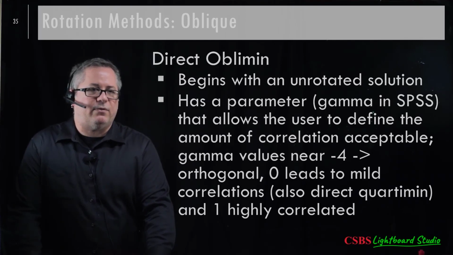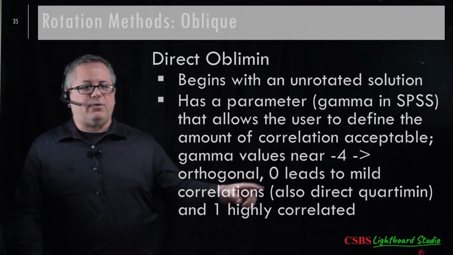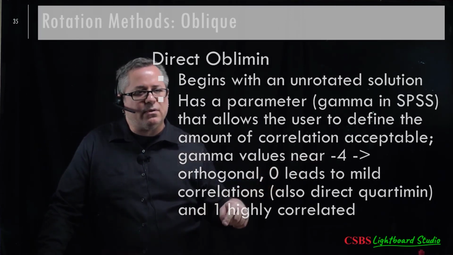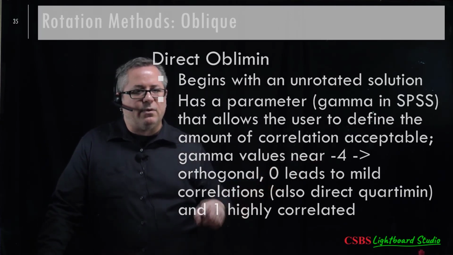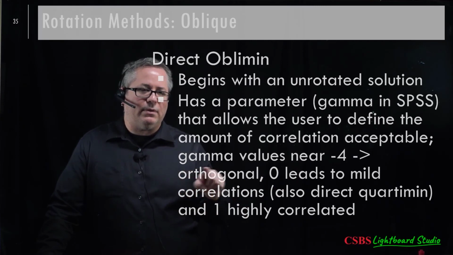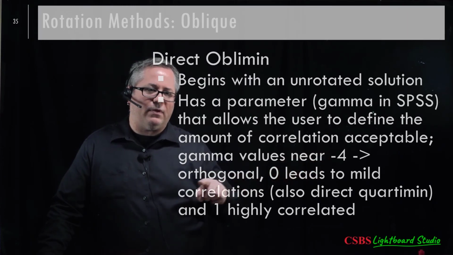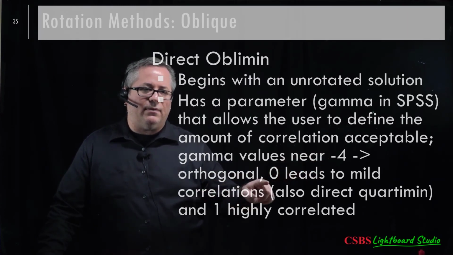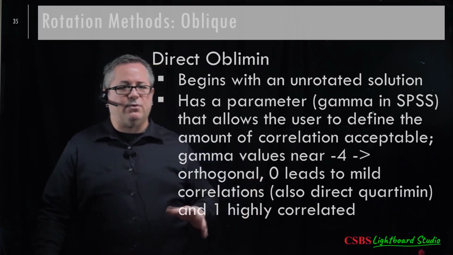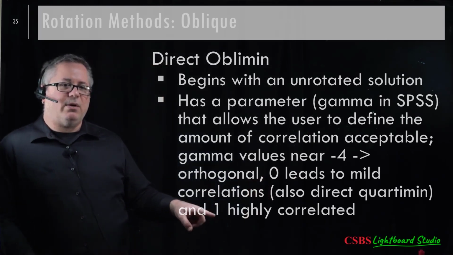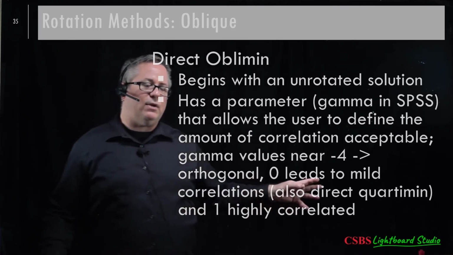They start to correlate from the very beginning, and you can control the amount of correlation by this thing called gamma. Values near -4 are essentially orthogonal. If you leave it at 0, which I think is the default, it leads to mild correlations. And if you leave it at 1, it allows them to be as correlated as you want.